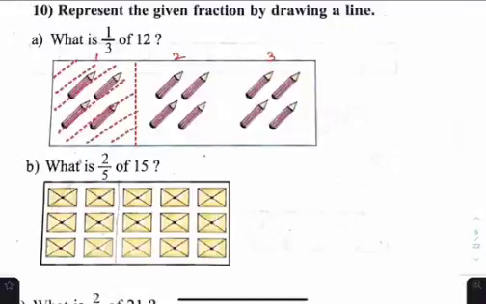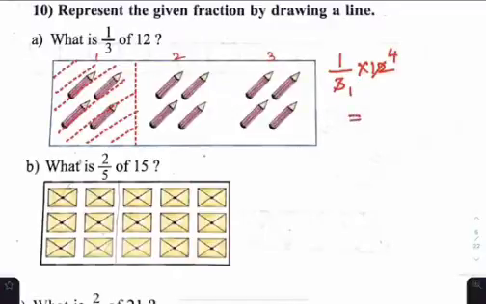Now to calculate, 1 by 3 of 12 is written as 1 by 3 into 12. Now, if you observe, 3 1 times and 3 4 times is 12. So what we get is 4. If I have to color individually, not considering the group, then also these are the numbers 1, 2, 3 and 4. I've got the answer now.